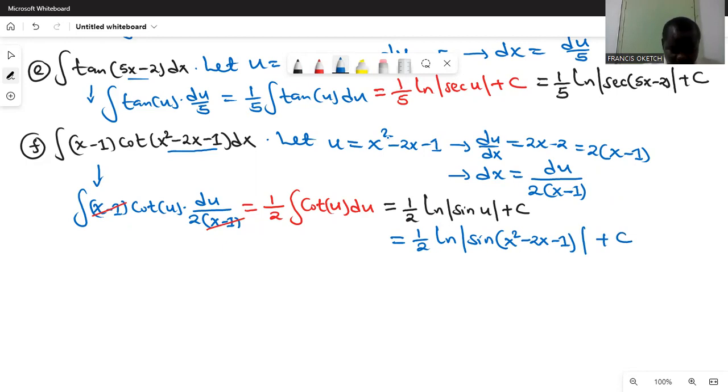I'll give you 2 more examples. Another one, let's call it part G. Here you are asked to evaluate the integral of 2x times sec of 4x squared plus 5 dx.